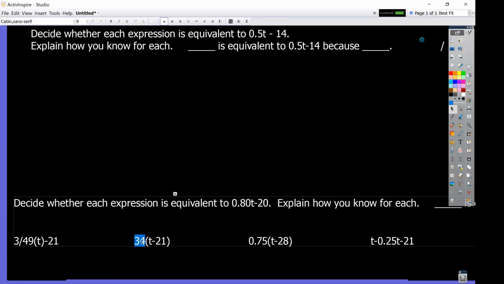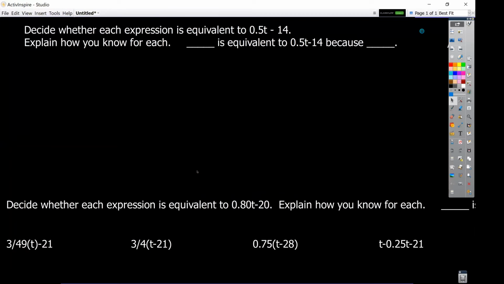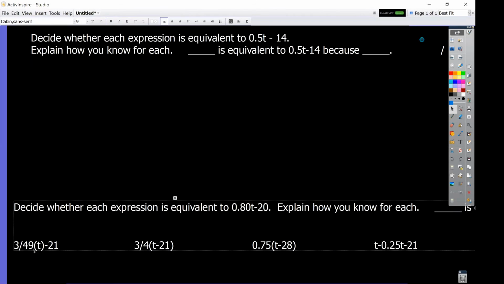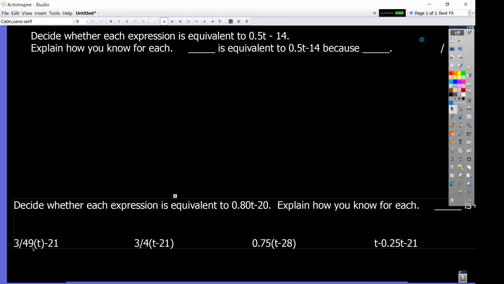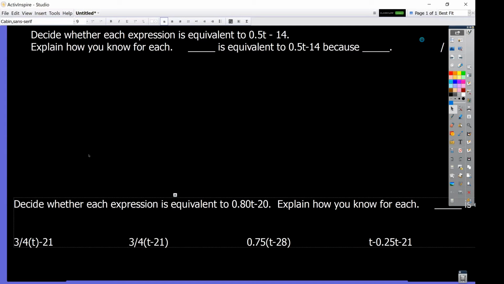That also should be 3/4, and then in parentheses. That's fine. Okay. One sec, guys. There we go.